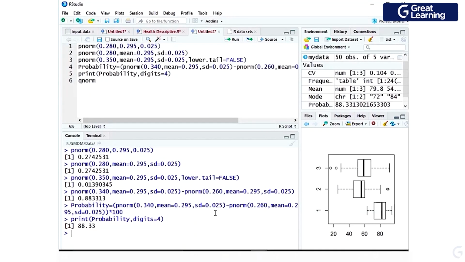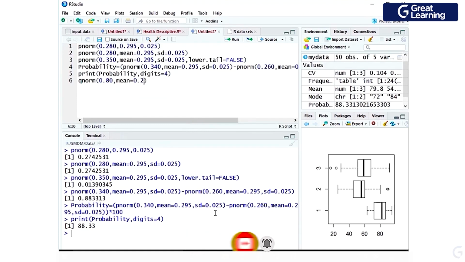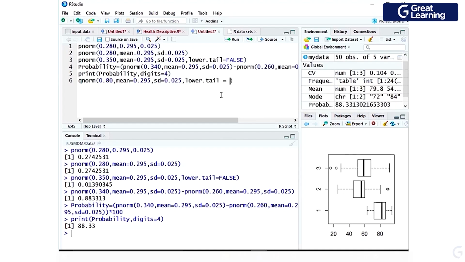Either I can put 0.2, or the probability is 0.8, comma, mean is equal to 0.295, comma, SD is equal to 0.025, comma, lower.tail is equal to FALSE.